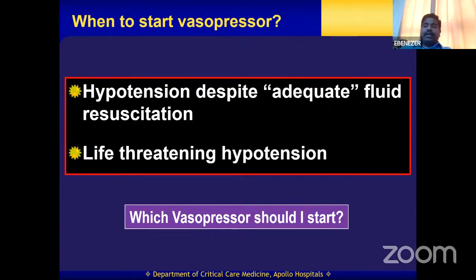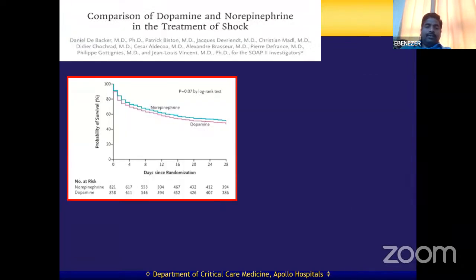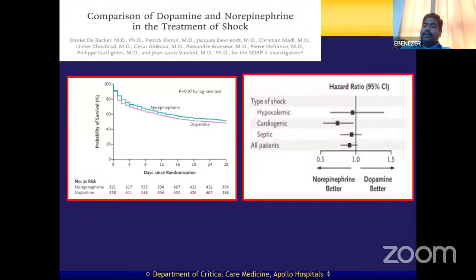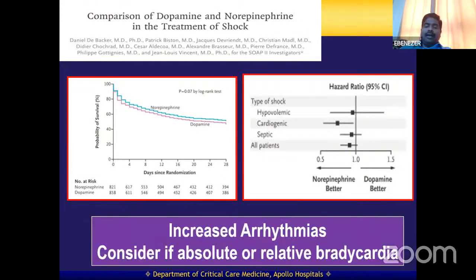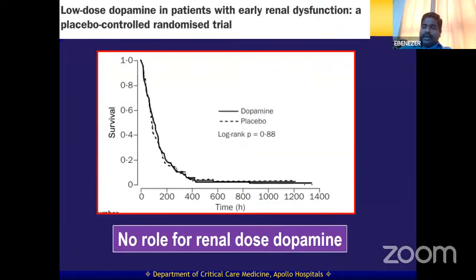So once you decide to start a vasopressor, the next question is, what should I start? So as you all know, there are so many vasopressors: norepinephrine, dopamine, epinephrine. So many studies have been conducted, but I would like to state that the vasopressor of choice would be norepinephrine. The first therapy of choice would be norepinephrine. Absolutely, there is no role for renal dose of dopamine in medico-surgical ICUs. We don't use it.